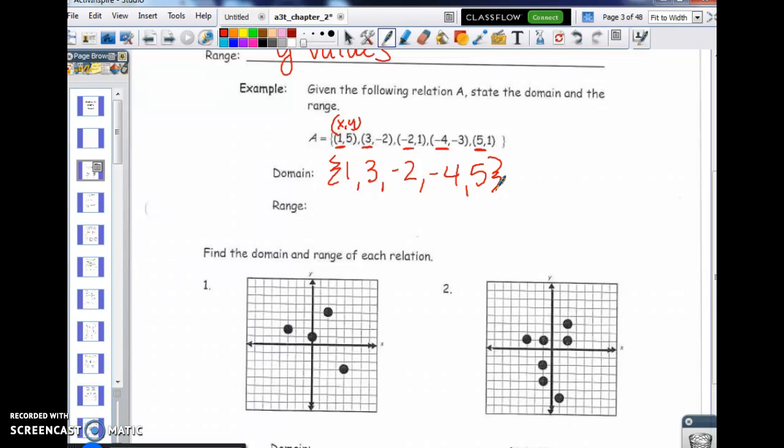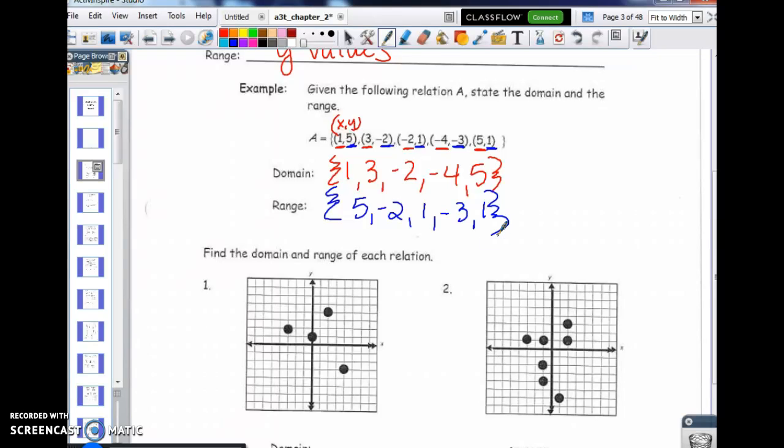Now typically if we would want to write this nicely, we would want to do it from the smallest number to the largest number in ascending order. Right now this is okay because we're just pulling out those x and y values. Now let's look at our range, our y's: 5, -2, 1, -3, and 1.